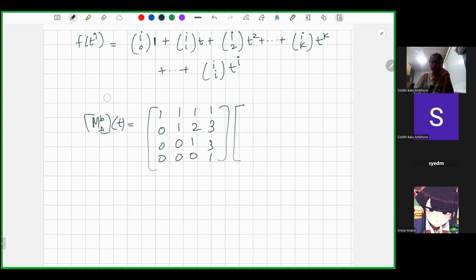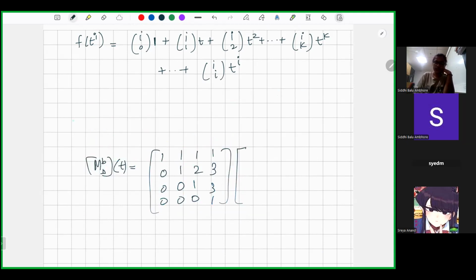So what I'm doing here is just reducing the original problem, for all the polynomials of degree less than or equal to 3.